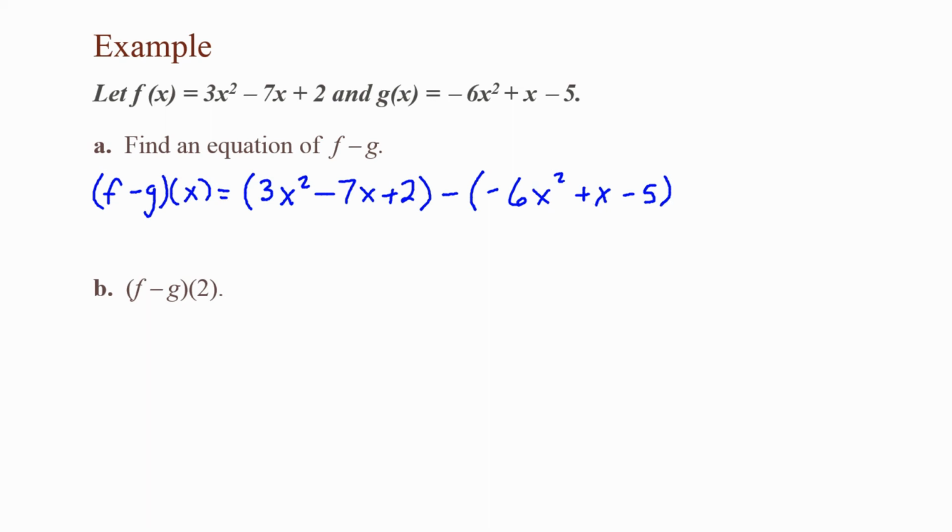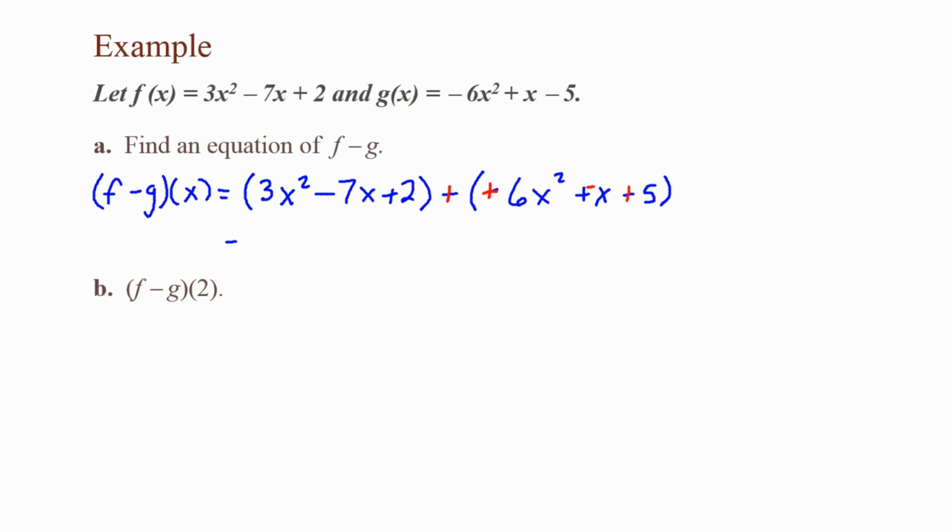Because we're subtracting, the minus sign is going to change the sign of everything in my second parenthesis. So changing my minus to a plus changes my negative 6x squared to a positive 6x squared, my positive x to a negative x, and my negative 5 to a positive 5.